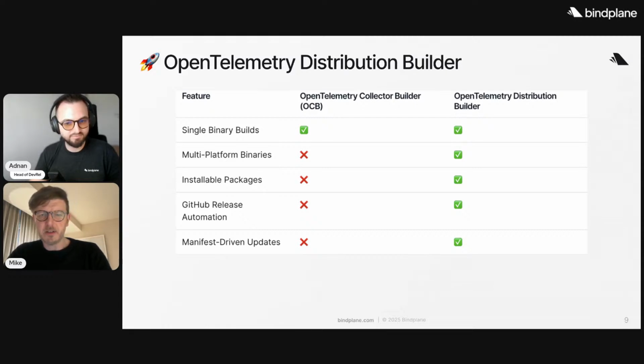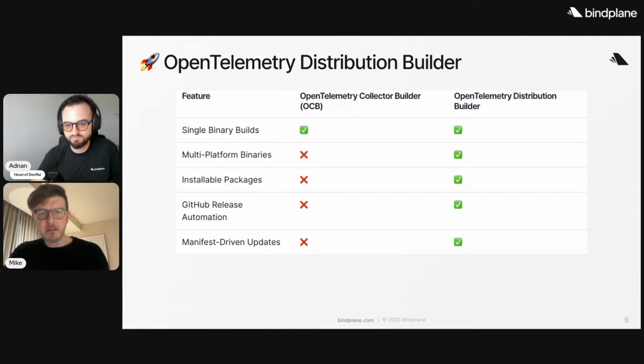And we had a lot of questions about, okay, what's the difference between this and the collector builder? So when we're thinking about the collector builder, it's focused on taking a manifest, a predefined way of identifying the different components of your collector, all in one file. And OCB pulls down all the source.